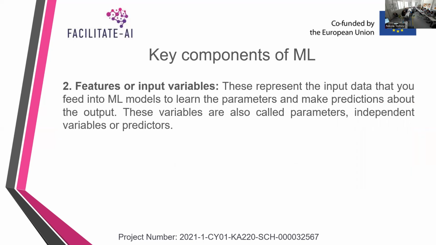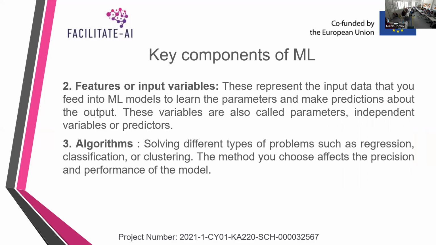Another component is features. So you have input data that you want to feed into the machine learning models to learn the parameters and make the predictions about the output. They're also called parameters, independent variables for whoever has knowledge in statistics, or predictors.